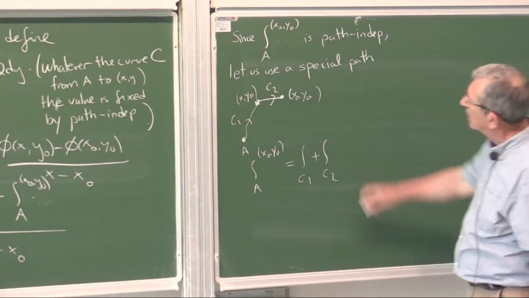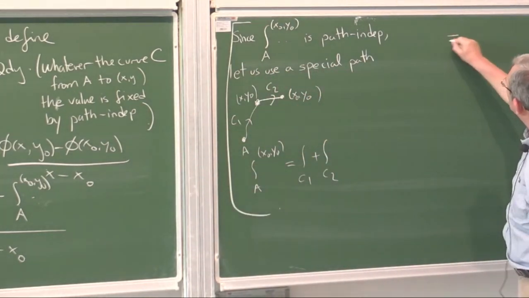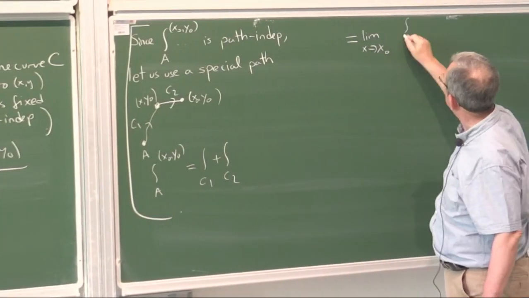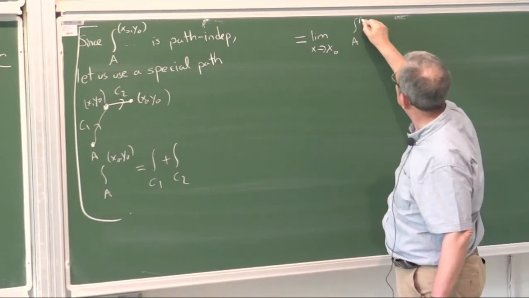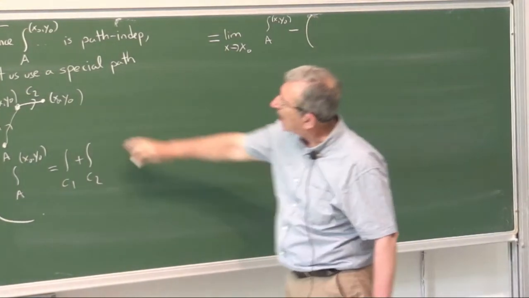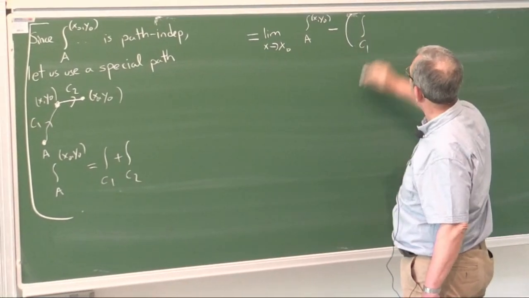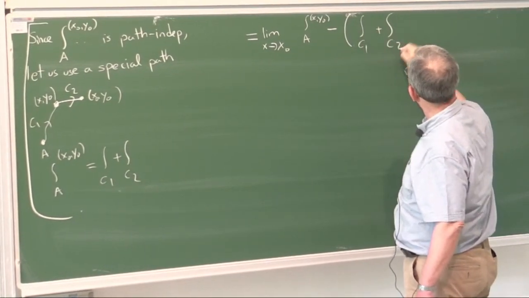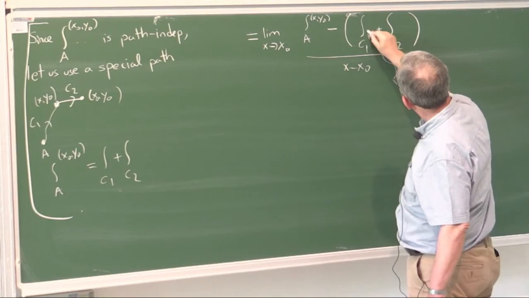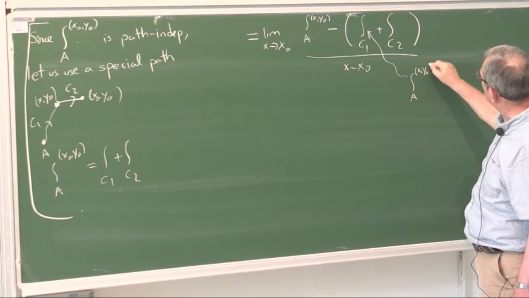So going back to the limit as x goes to x0, we have the integral from A to (x, y0) minus, using this now, the integral over C1 plus the integral over C2, divided by x minus x0. But the integral over C1 is nothing but the integral from A to (x, y0).